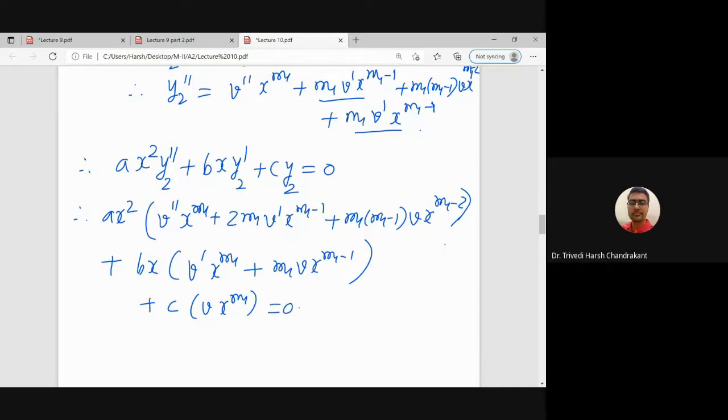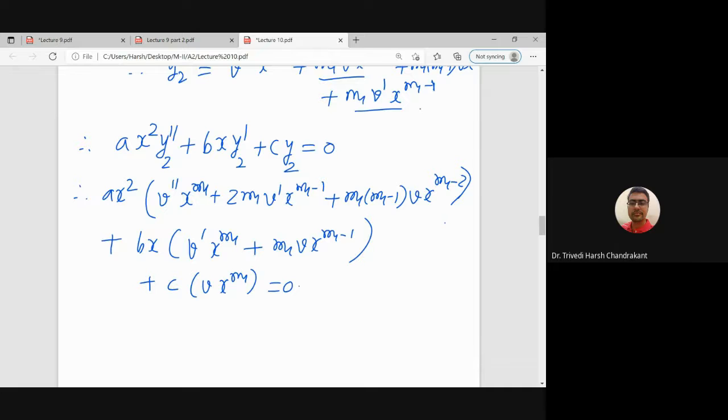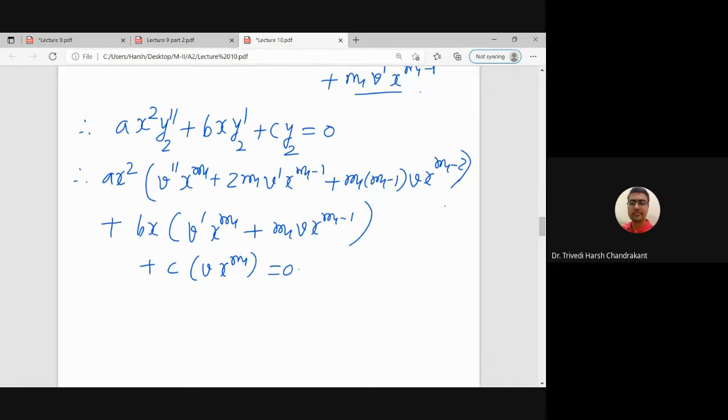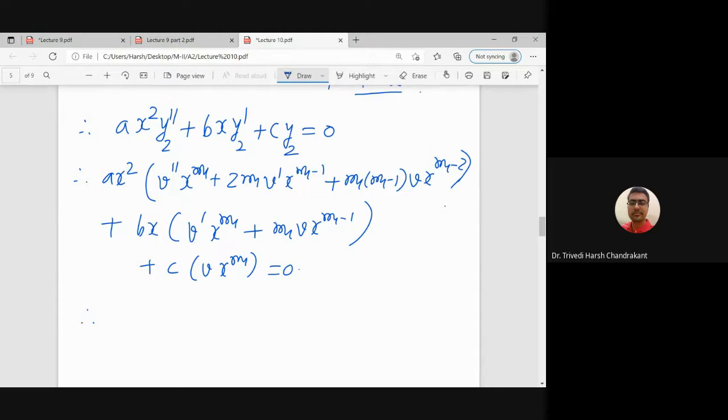Now we can see that there is a common term x^m1, so we can cancel it out from this equation, and then take the other terms common.